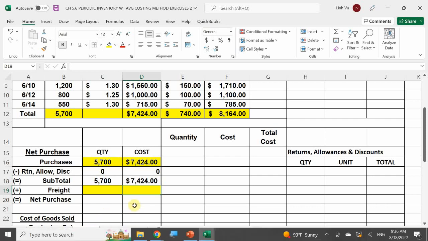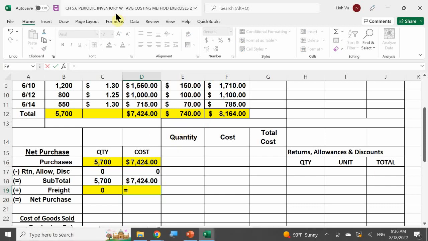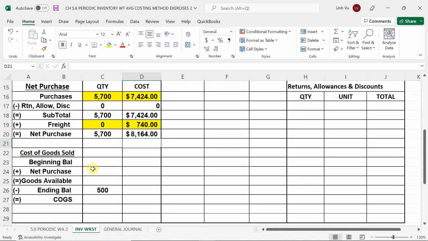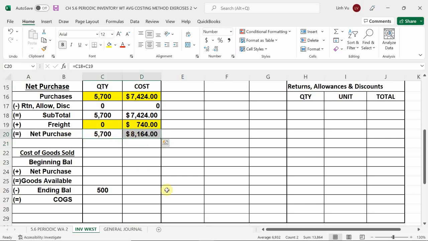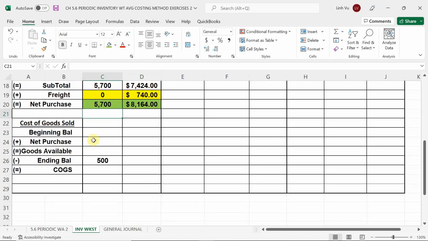Freight adds 0 to quantity, but it adds to total cost of $740. So my total net purchases is going to be 5,700 units at $8,164. Okay. So again, I'm going to color this green so we know that we're going to carry that down here under our net purchases.